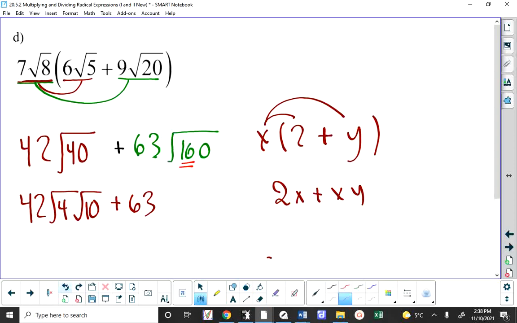There's my perfect square. So I can write it as root 16 root 10. I really hope you recognize the significance of the fact that this is root 10 and this is root 10. It means we're going to be able to add those terms together.